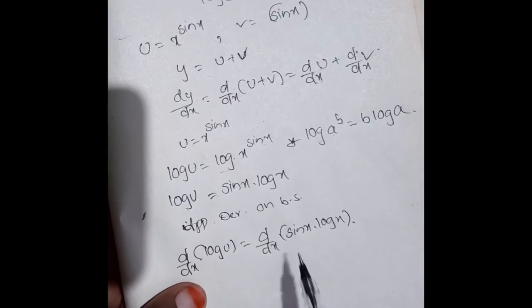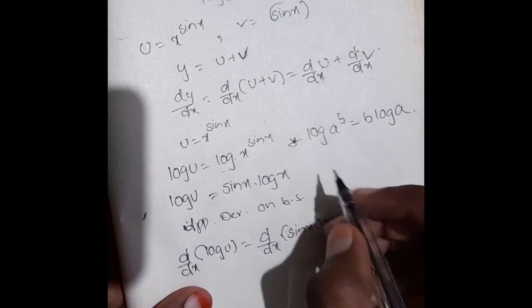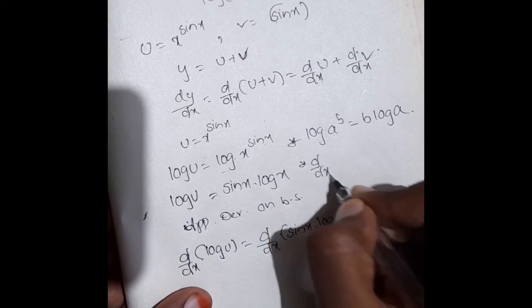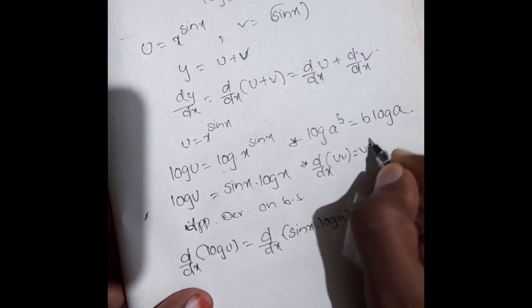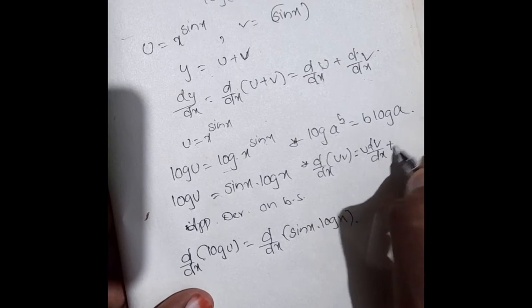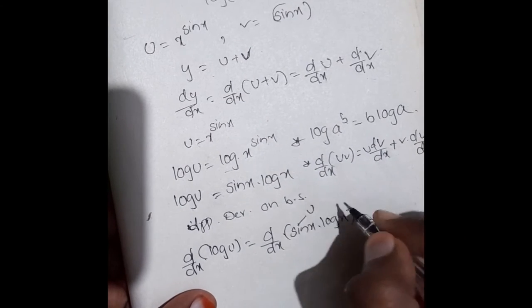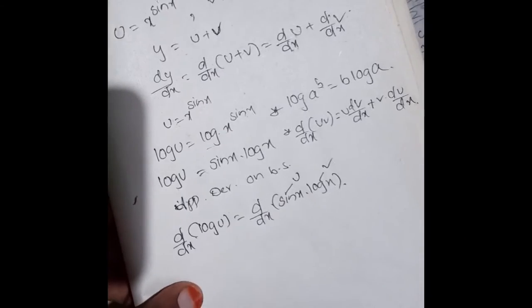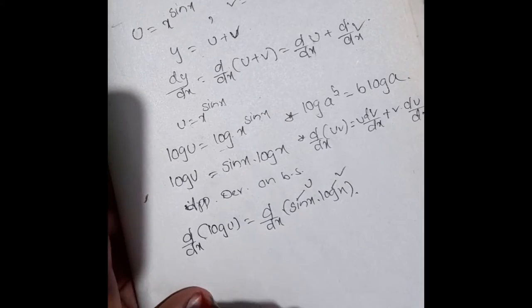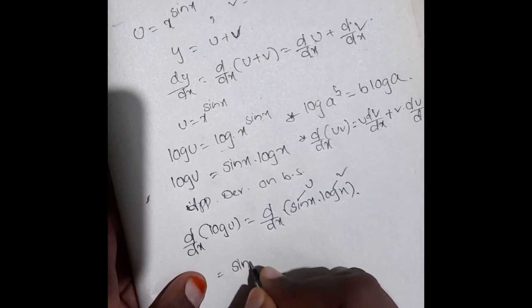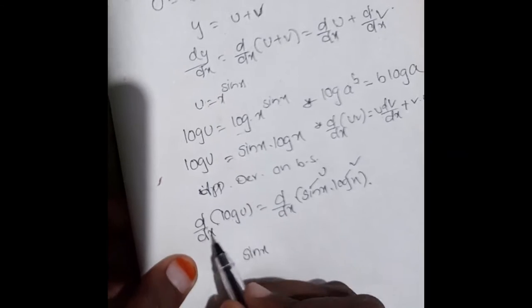Now see, it is in the form of d by dx of uv. What is the formula? It is u dv by dx plus v du by dx. Here in the place of u we have sin x, in the place of v we have log x. First let's differentiate log u.